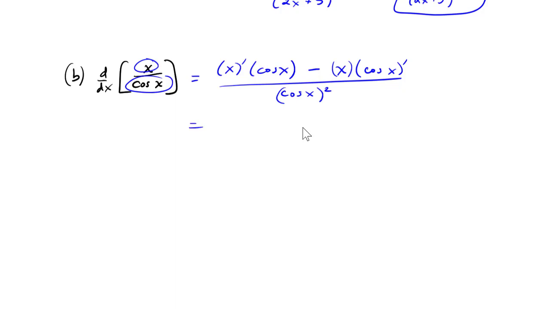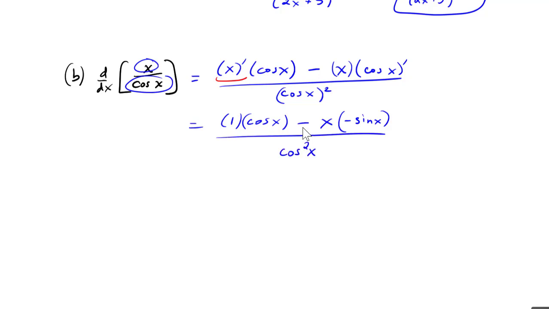Okay, so the derivative of x is just 1, and I still have cosine x there, minus x as it is. Now the derivative of cosine x is minus sine x. And then I have over, and I'll use the shorthand notation, cosine squared x, so that I can write it without the parentheses.